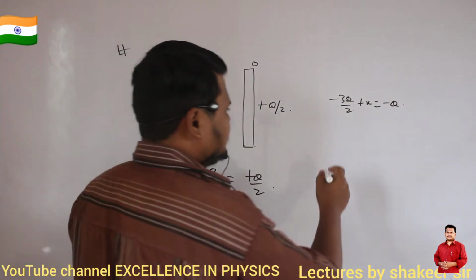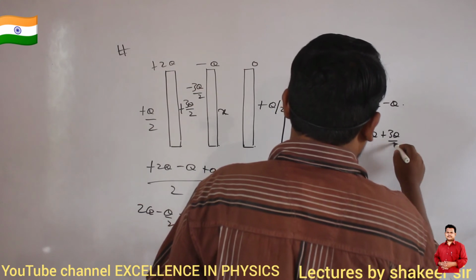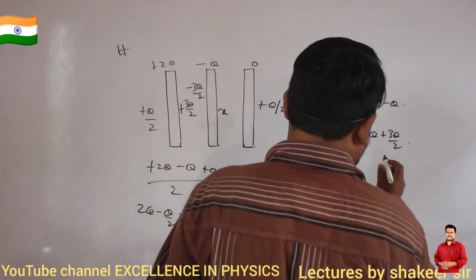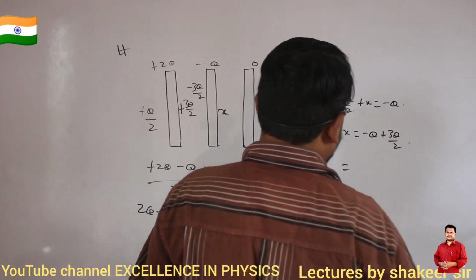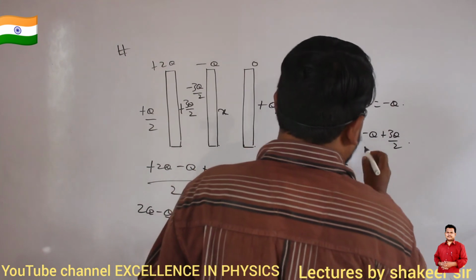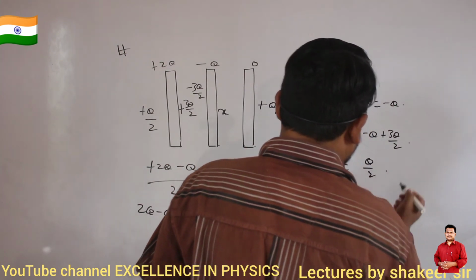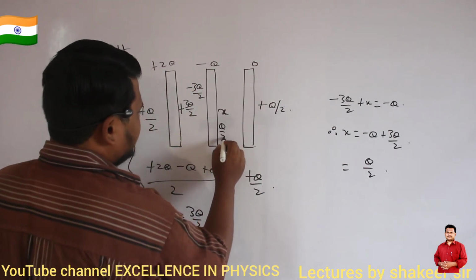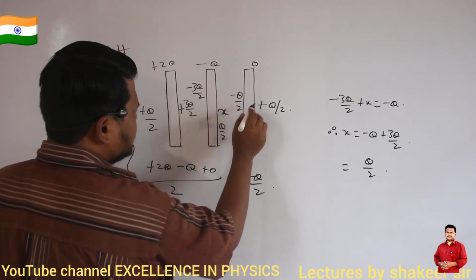So what is the x value? x equals minus Q plus 3Q divided by 2. So minus Q plus 3Q by 2: that is 2Q, total how much? Q by 2 amount of charge. So x equals Q by 2. So here the charge will be Q by 2, and here the charge will be minus Q by 2.